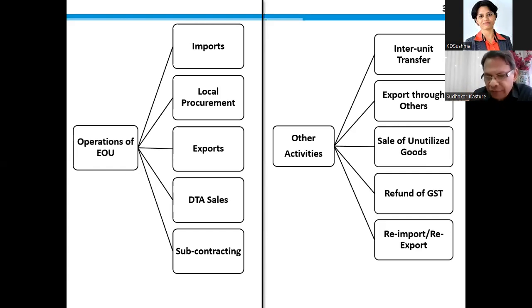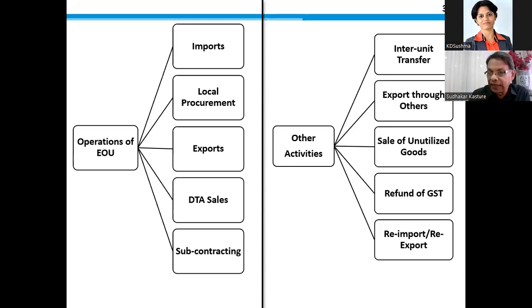Then chapter 5, export promotion capital goods scheme, which relates to machinery and spares. And chapter 6, EOU scheme, export oriented units, where the focus of the industry is on exports. All the 3 major schemes of Government of India covered under the policy, chapter 4, chapter 5 and chapter 6, are indirect tax management schemes.